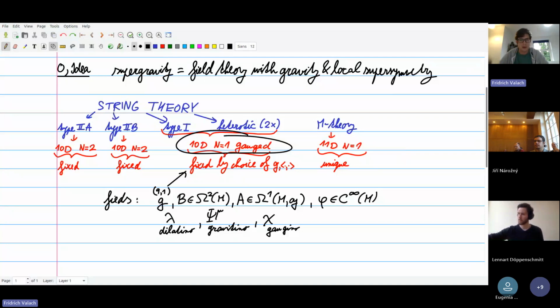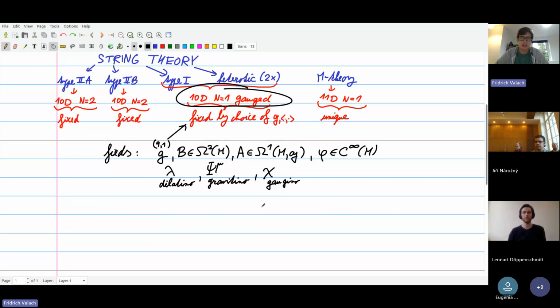That's how it's the higher version of the electromagnetic field. I see. Okay. Thank you very much. Yeah, and in fact, this A here can even be non-abelian in general. So it's like Yang-Mills, not just electromagnetic. So it's a bit more general.